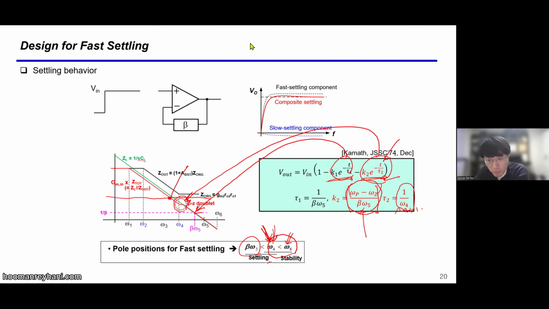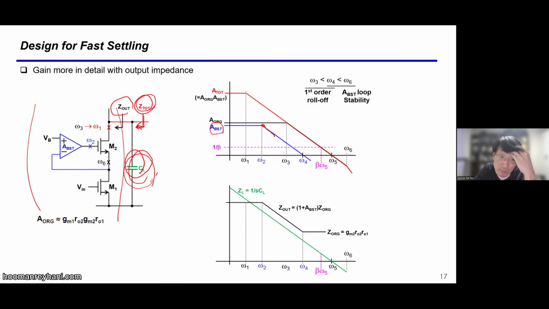Okay, before we move on to the nested Miller, on slide 17, upper right figure, why is omega 1 lower than omega 2?